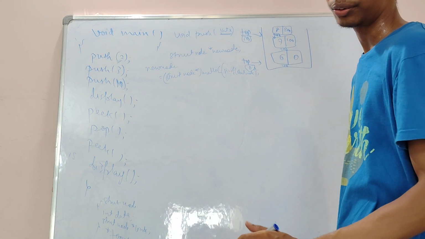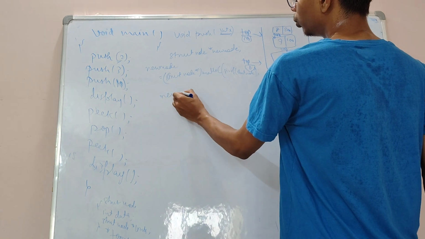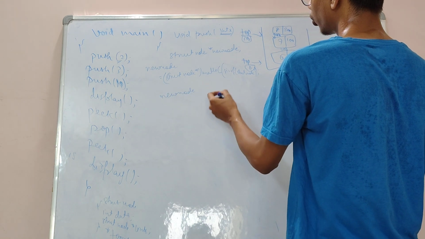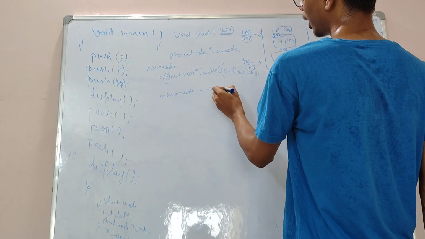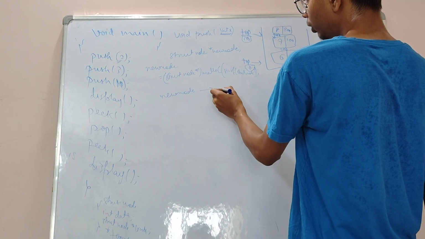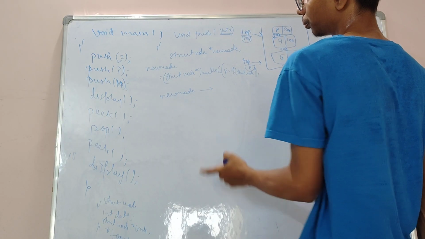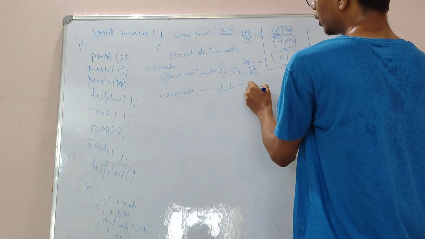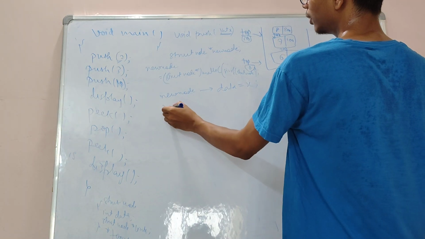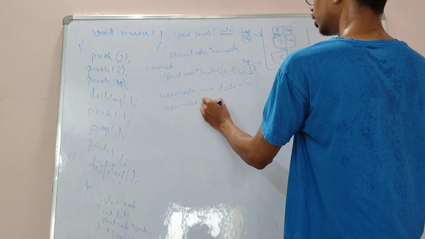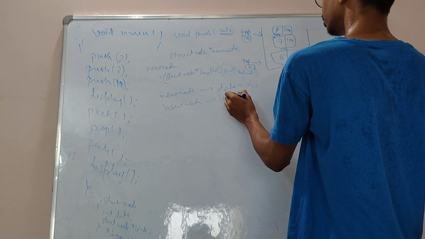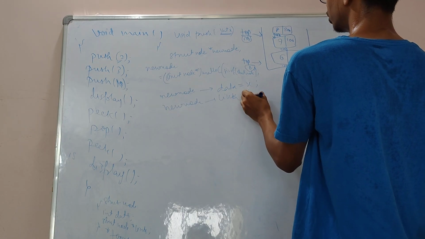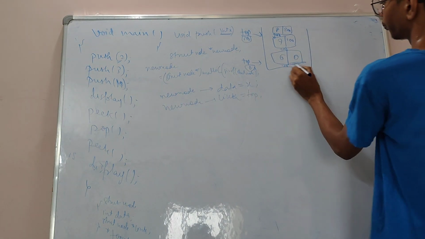And then with the help of new node, I will go to first member of my node, and there I will store new node data is equal to the data I entered here, and in new node's next part I will store top, because top is 0.